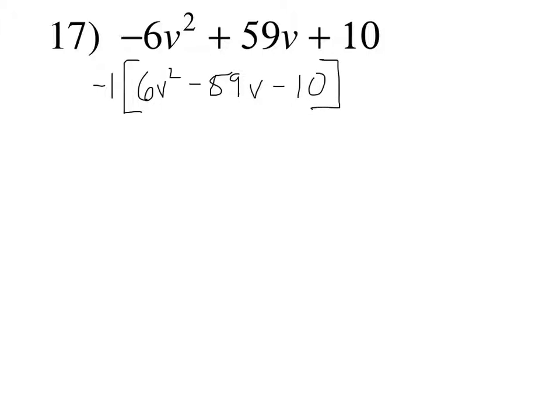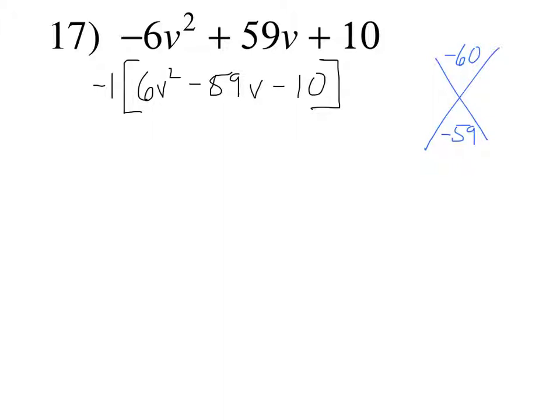Now we need to do the x method like we've always done. We take 6 times negative 10, negative 60. Negative 59 is what we're looking for. Two numbers that when we multiply them give us negative 60, but when we add them give us negative 59.